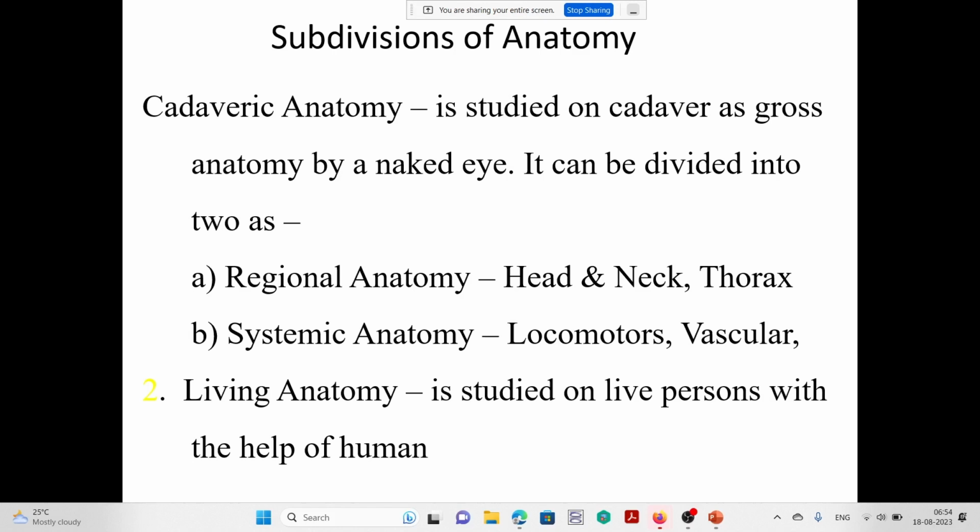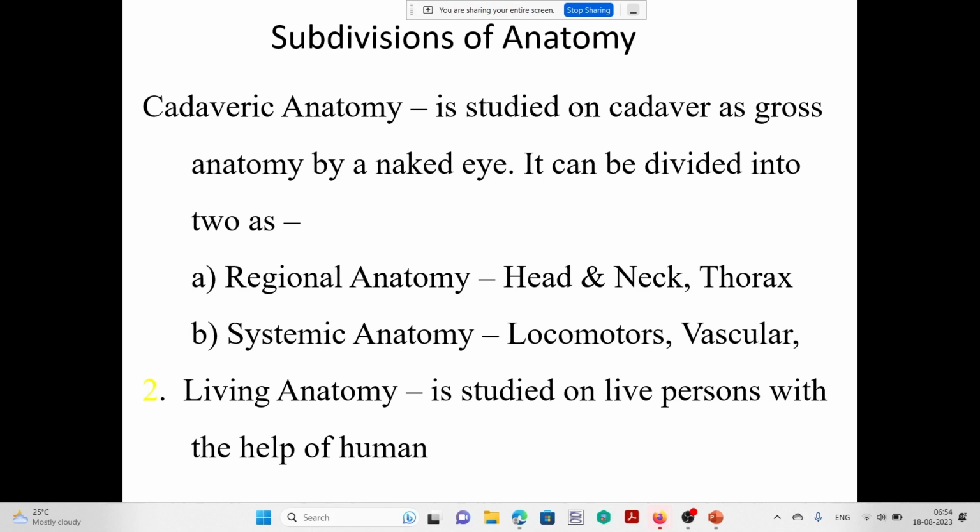The living anatomy is a study on live persons with the help of human. Usually the living anatomy mainly helps in the functional concept. For example, you take any organs, the liver, spleen, lungs, like that.